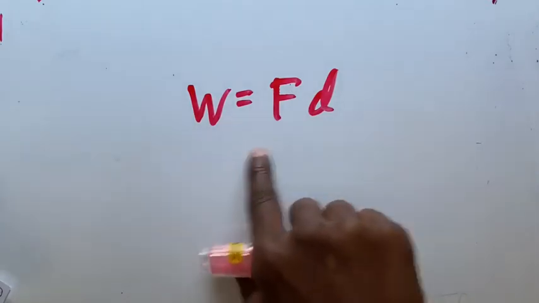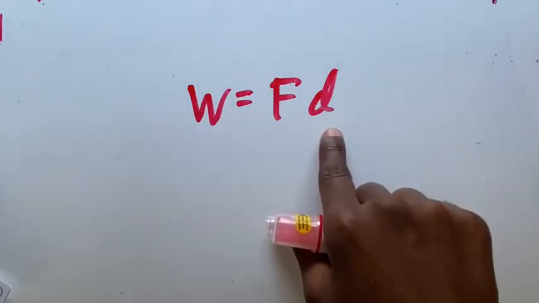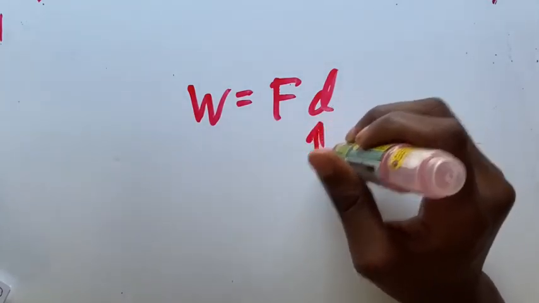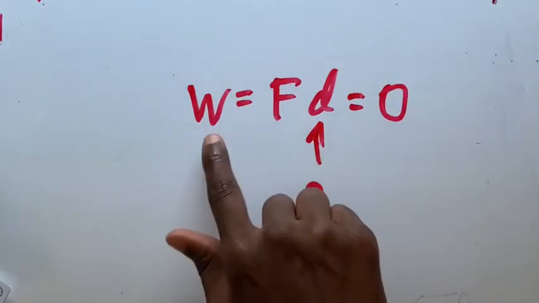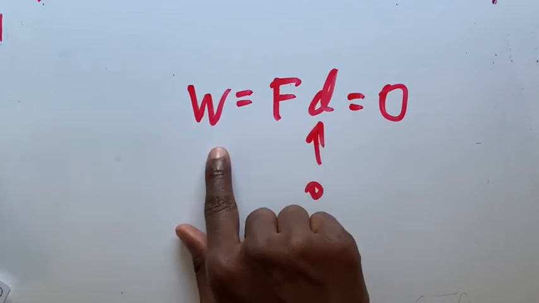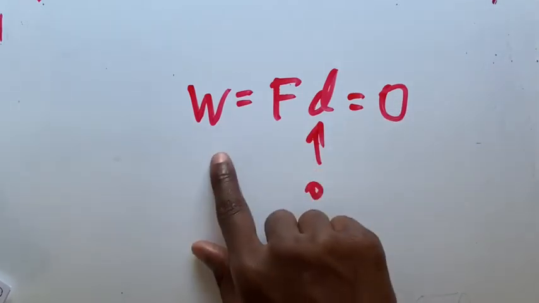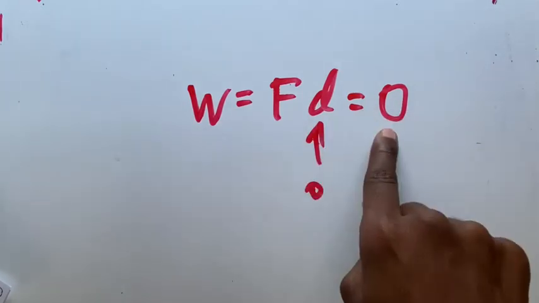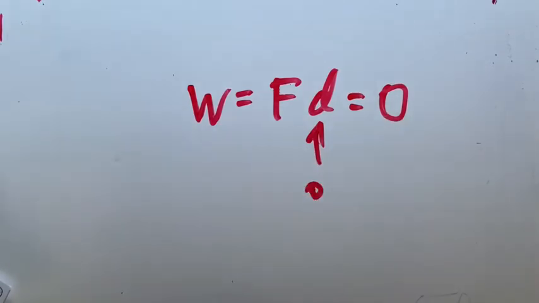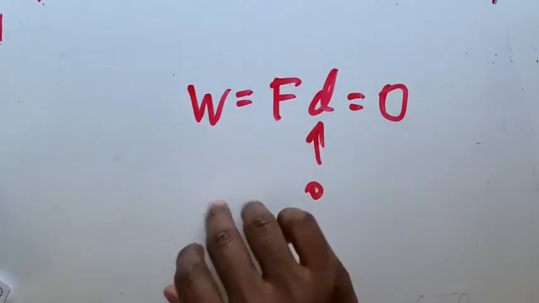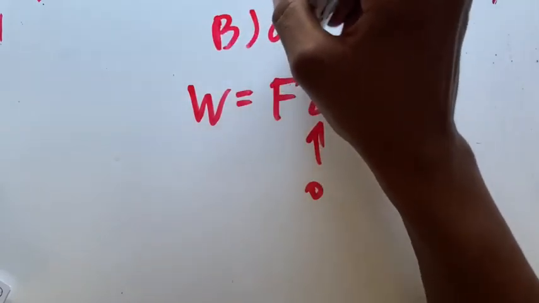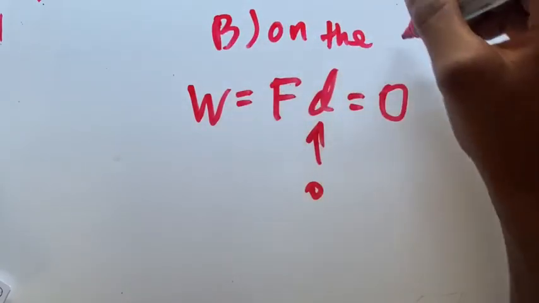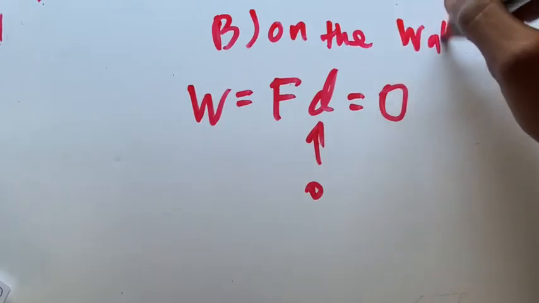Well, we know work is basically given by force times distance, and since the distance is 0, then the work is going to be 0. So if you're pushing on a wall for an hour or however long and the wall doesn't move, you do basically 0 work on the wall. So the answer to 10 is going to be B. So you do 0 work on the wall.